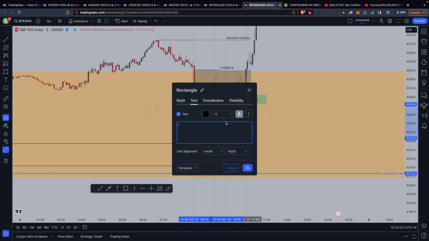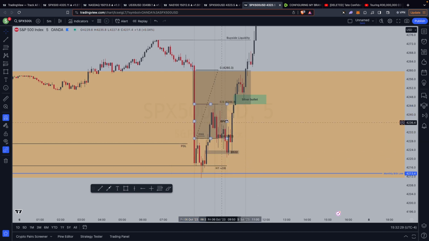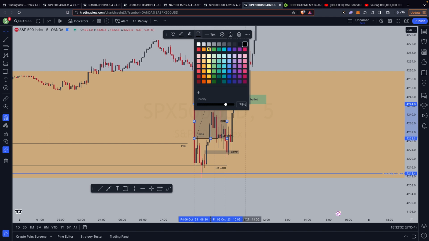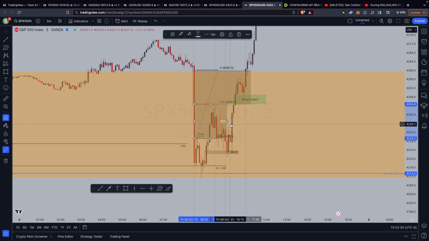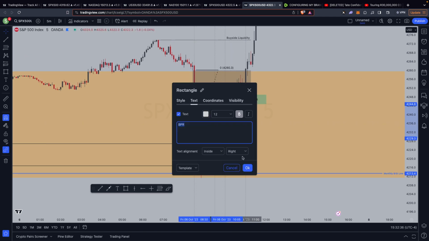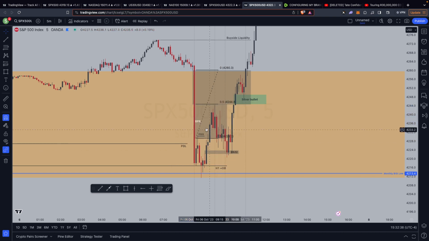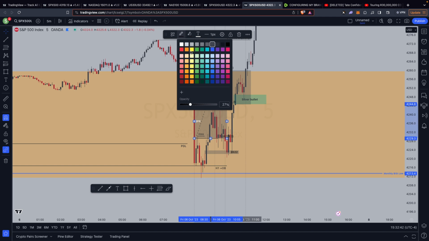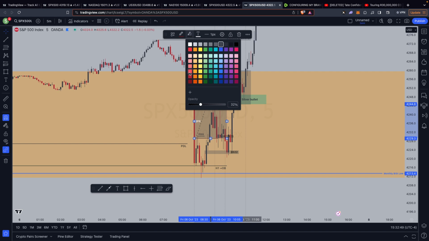This is now a BPR, a balanced price range, right? Price has been filled. Let me just do this, put this on the left so it's visible. There we go. Change the color also. Let's take red. Yeah, I think red is going to be visible.